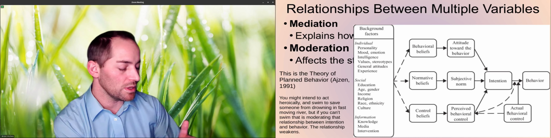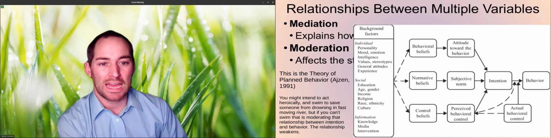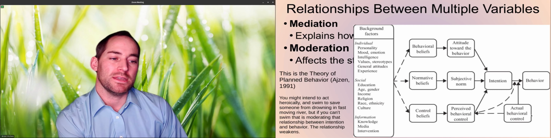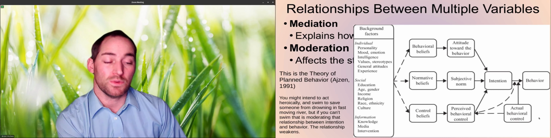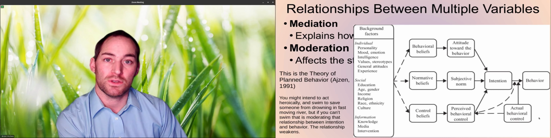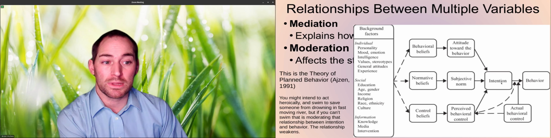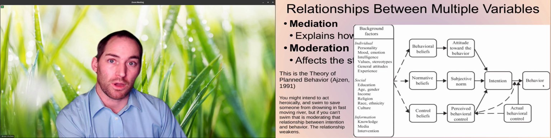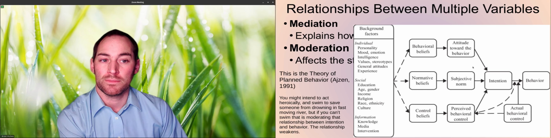So let's say you really want to vote, you plan on voting, you think voting's good. So you're intending to vote, but your ballot never actually comes in the mail. And you're working the day of the election, you just cannot get to the voting booth. Then your actual behavioral control completely took control of this relationship. While usually intending to vote, you'll probably go and vote. Your behavioral control moderated that.